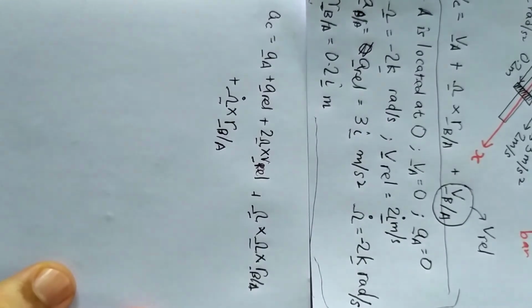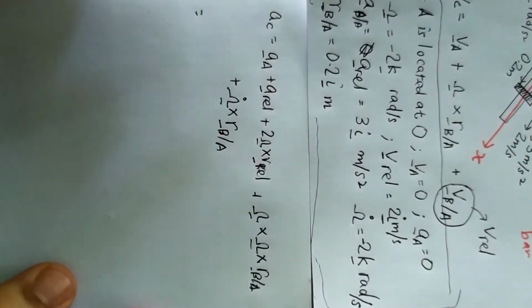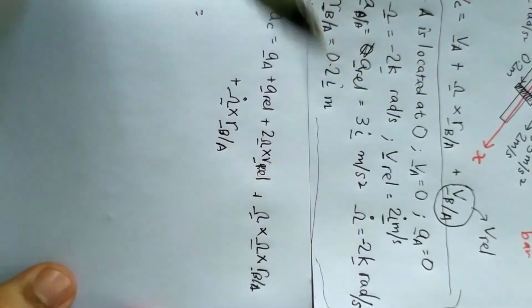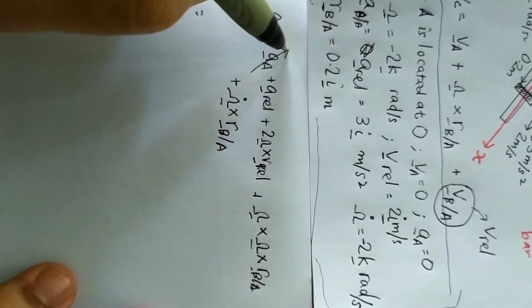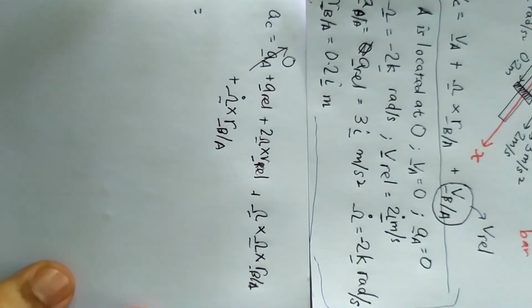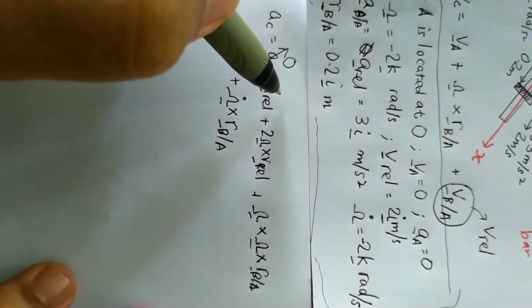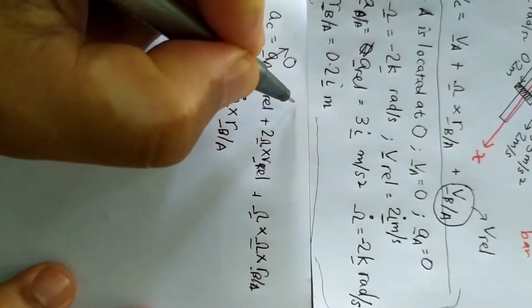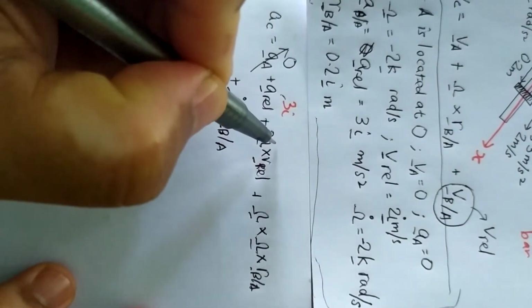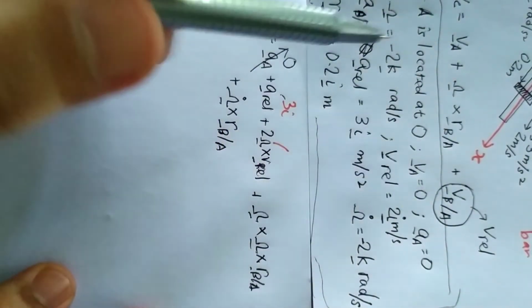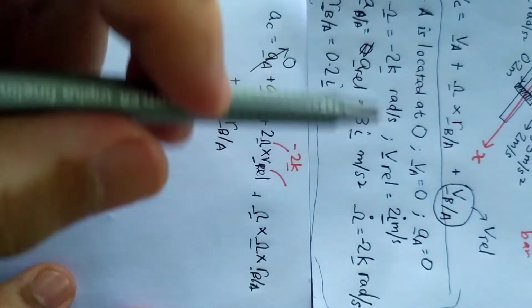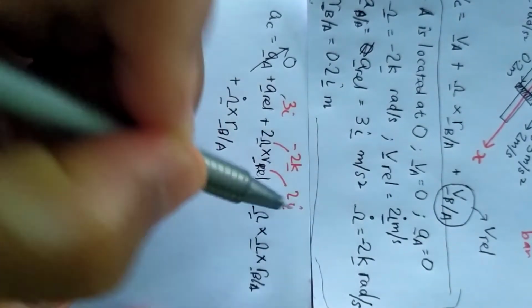So we know the value of AA. AA is 0 because A is not moving. A relative is given, this is 3i. Omega is minus 2k. V relative is given as 2i.